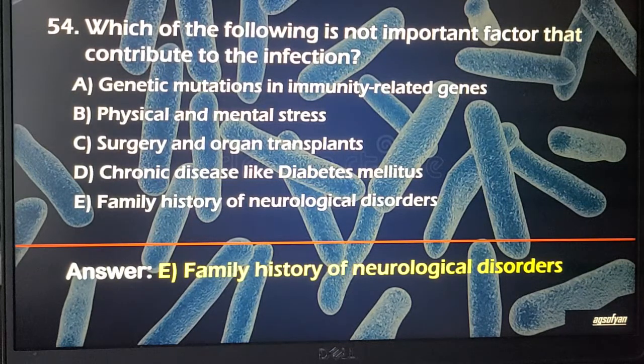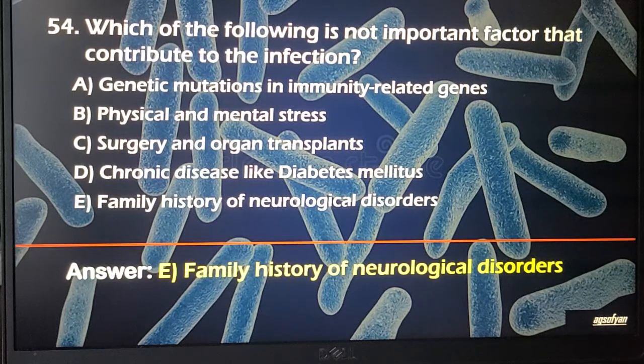This one is not considered an important factor for infection. A, of course, is a really important factor of infection. If we do not have immunity or our immunity is really low, then infection can easily attack us.